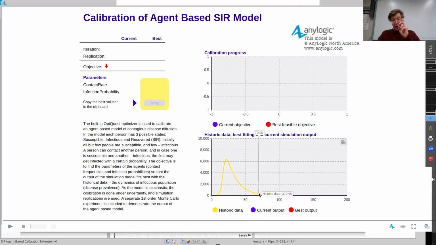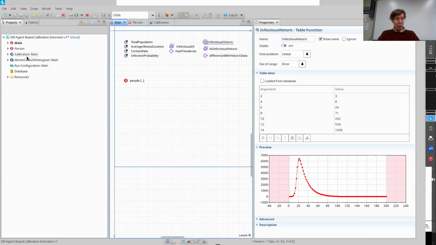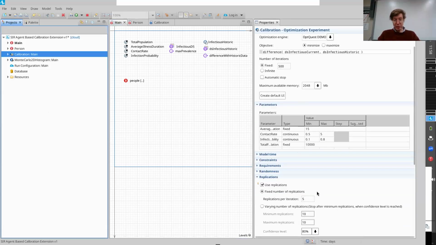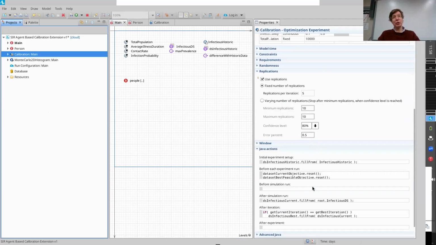For a given set of parameters, shown up here, we will actually see several attempts at matching this, reflecting those five successive replications, those five successive attempts at matching.